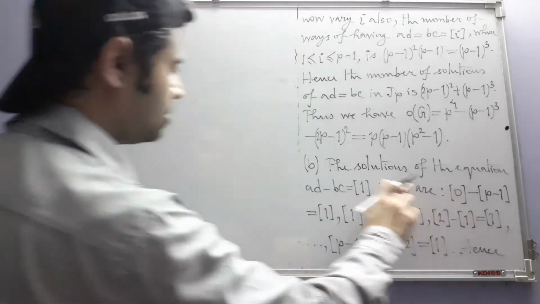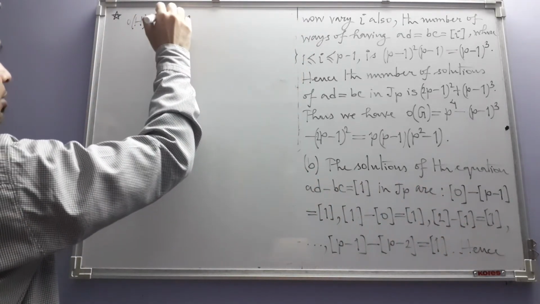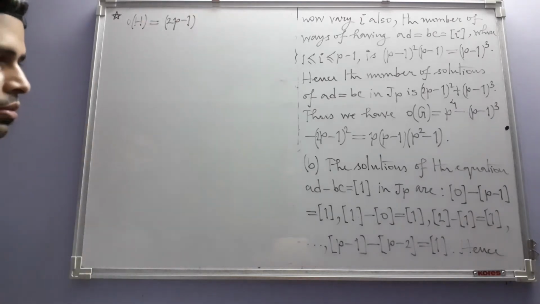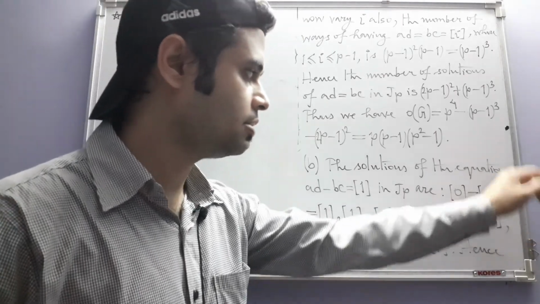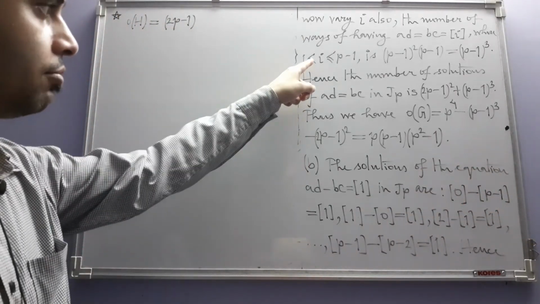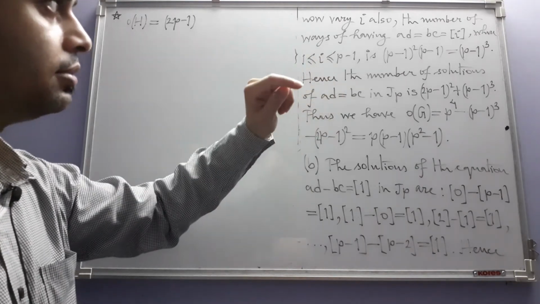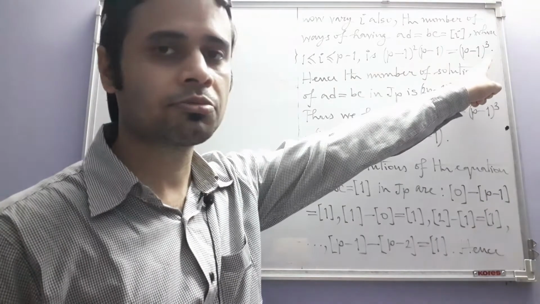AD can be chosen in how many ways? 2p minus 1 multiplied by the number of ways you can choose. This AD can be the congruence class p minus 1. That we have already calculated for I, and that number is p minus 1 whole square, not p minus 1 whole cube.